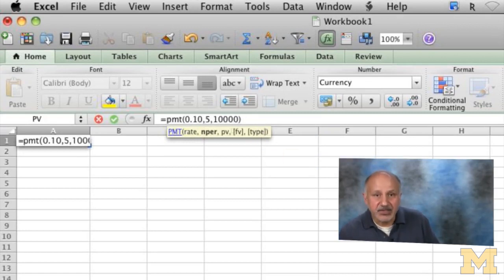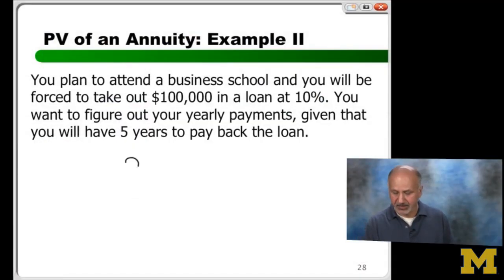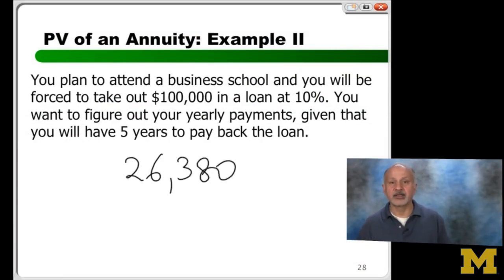And the next number is PV, fortunately, if I see it right. Yep. And you've got to keep your eye on the ball. And how much did I borrow? 100,000. Right? So huge number. So the answer to this question is 26,380.